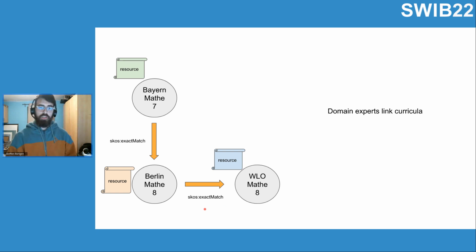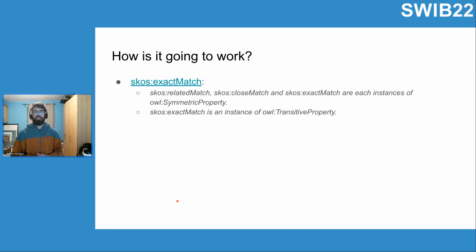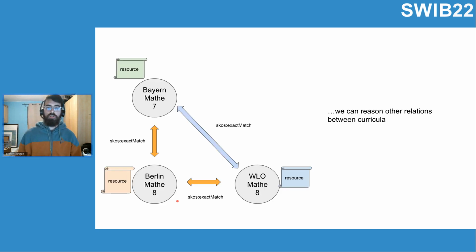So for example, I'm proposing if it's the exact same thing that's taught in different curricula, you can, for example, use SKOS exact match. And why SKOS exact match? Because it's a symmetric property on the one hand, and it's also a transitive property. So we are able to do things like that. We are able to use the symmetry here between links, and we are also able to do this because of the transitivity of SKOS exact match.